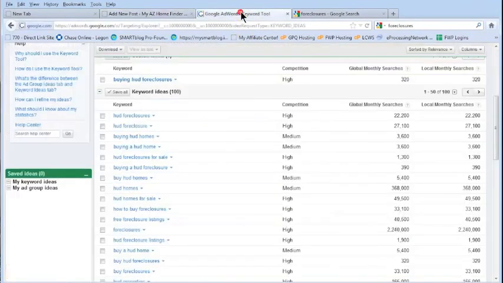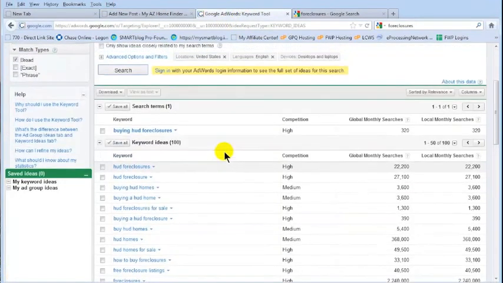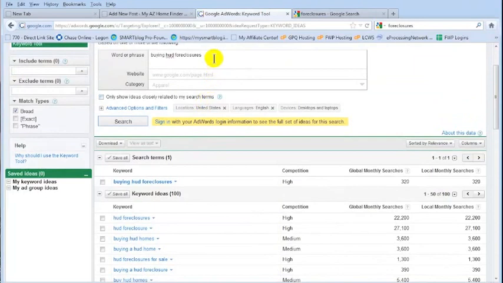Now, going back to my keyword tool, now I can start looking at other options. So I'm going to add the word foreclosures, and redo my search.